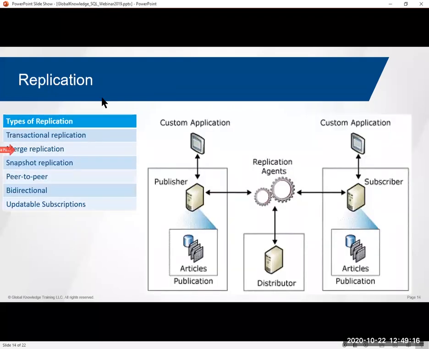When we talk about replication, SQL Server supports a number of forms of replication. Please note, all forms of replication will introduce latency, right? That is, at any individual point in time, the versions of the database will potentially be slightly different.